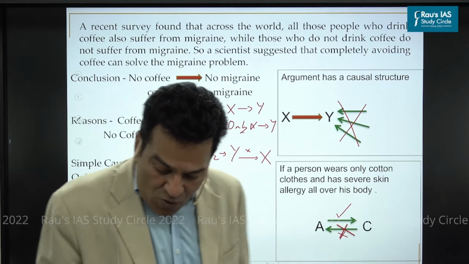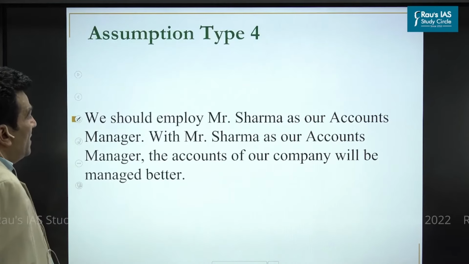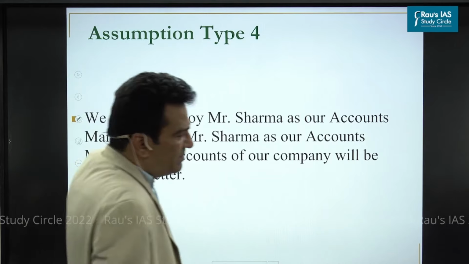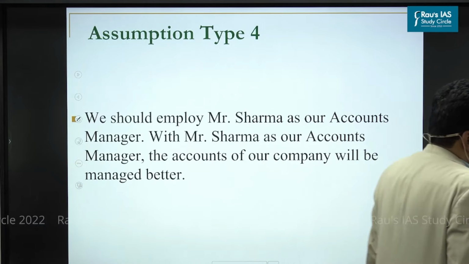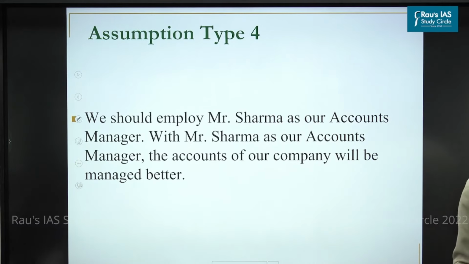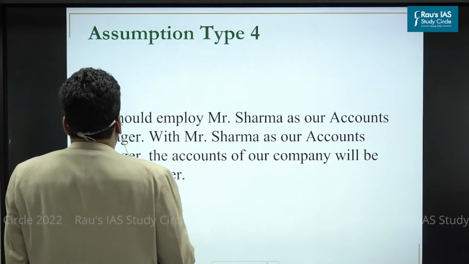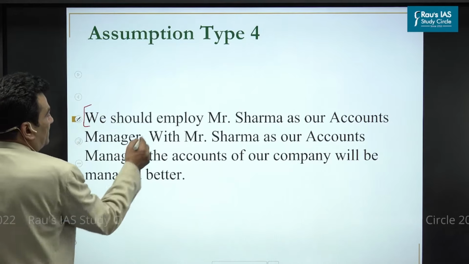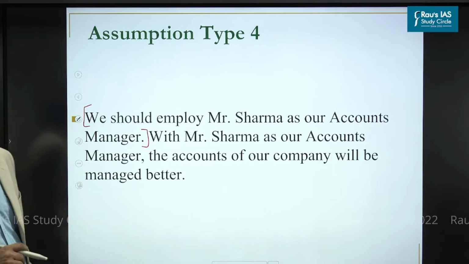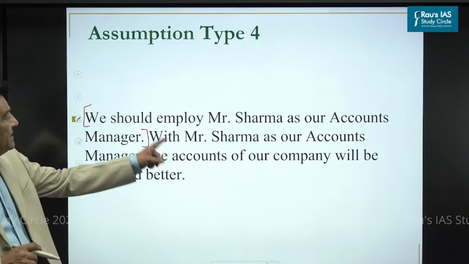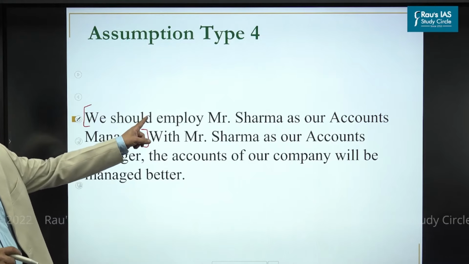Then let's come to the next argument. As the language of this argument shows, it is a pretty easy, dumb kind of argument. In this argument, the conclusion has to be this particular part, which is the advice being given. The second sentence is strengthening this statement, supporting it.